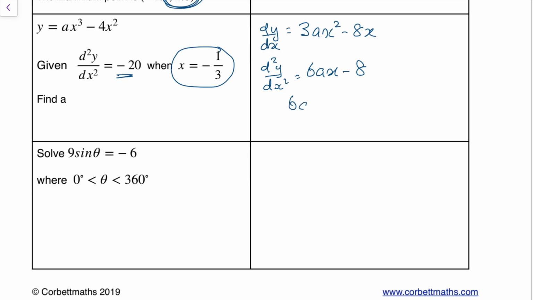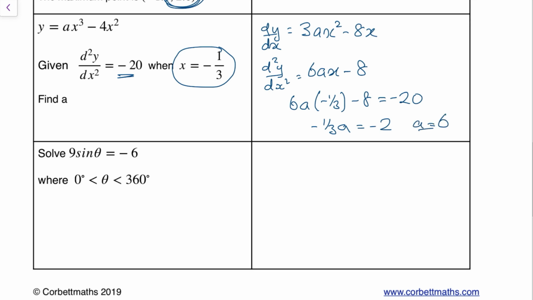So therefore 6a times minus a third minus 8 is equal to minus 20. What we're going to do is add 8 to both sides, which gives me minus 12, and divide by 6. So that's going to give me minus a third a is equal to minus 12 divided by 6, which is going to be minus 2, which means that a, multiplying both sides by minus 3, is going to be equal to 6.